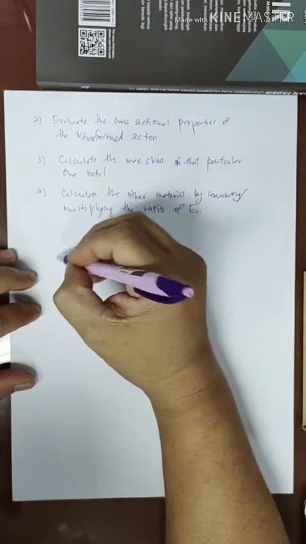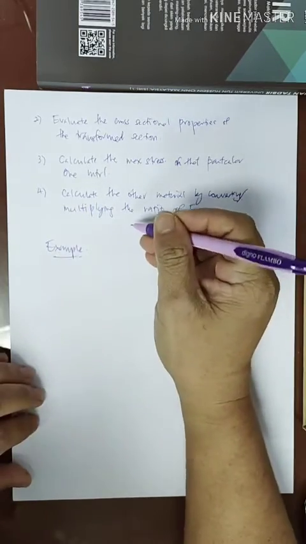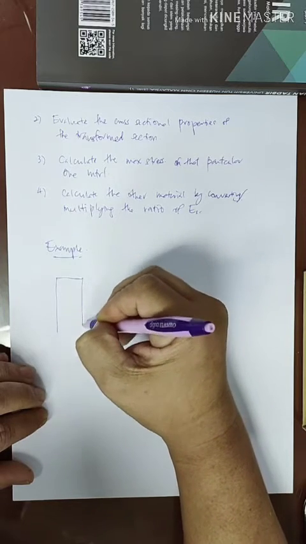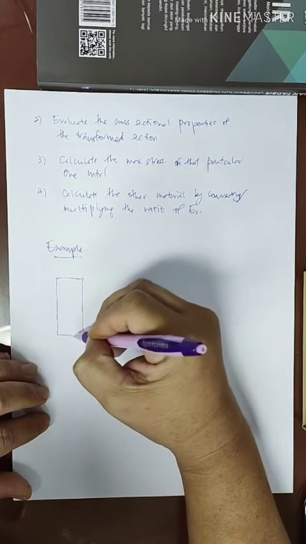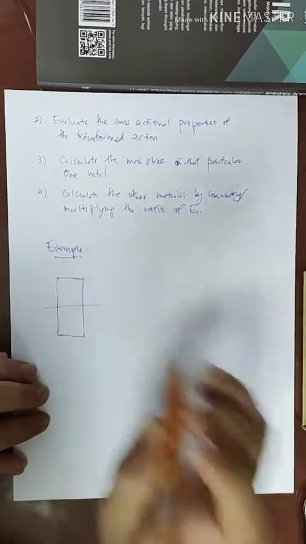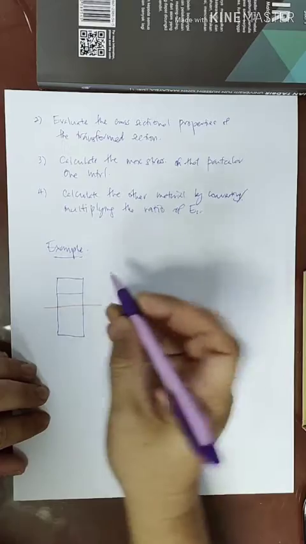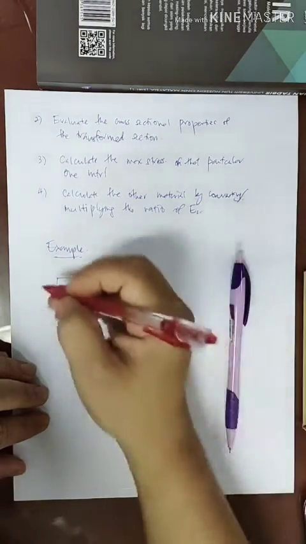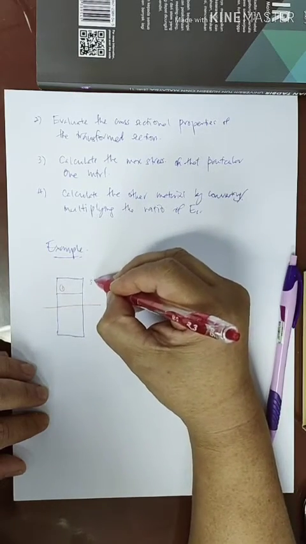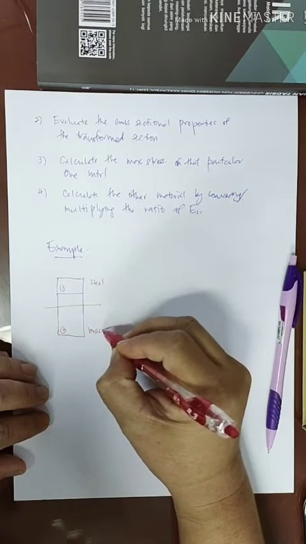Okay, for example, this is the cross section. This is material 1 made of steel. This is material 2 made of brass.